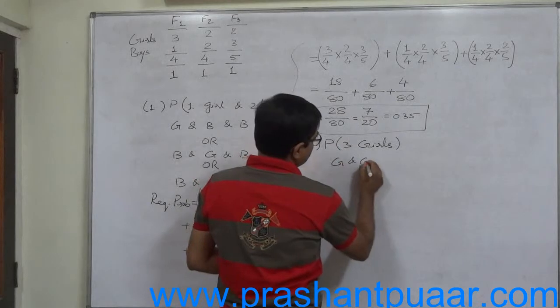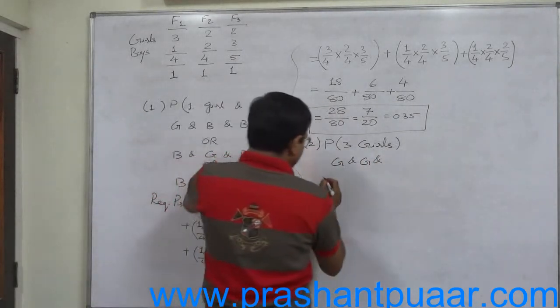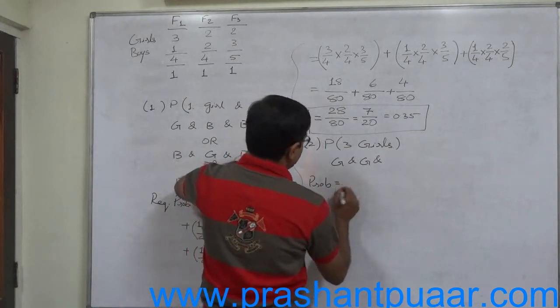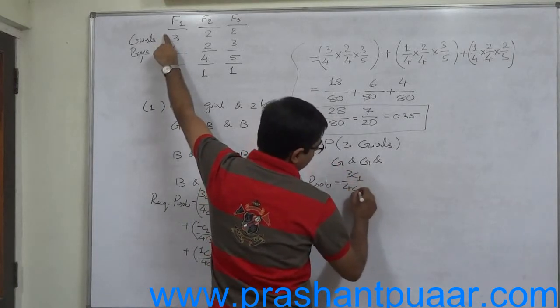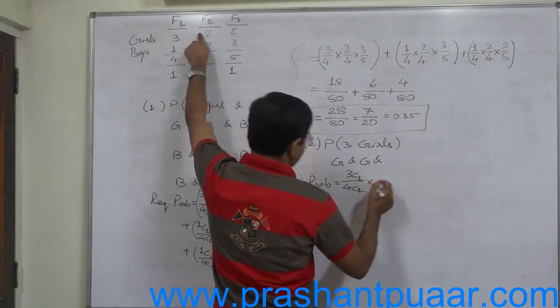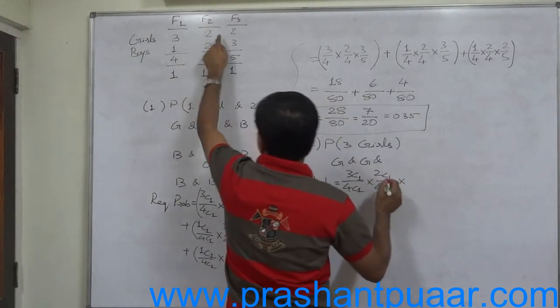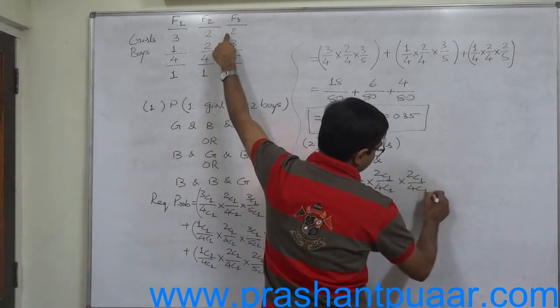G and G and G in short form. Probability is girl from the first family 3C1 upon 4C1 and girl from the second family 2C1 upon 4C1 and girl from the third family 2C1 upon 4C1.